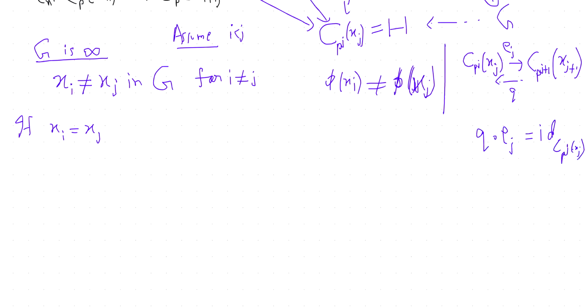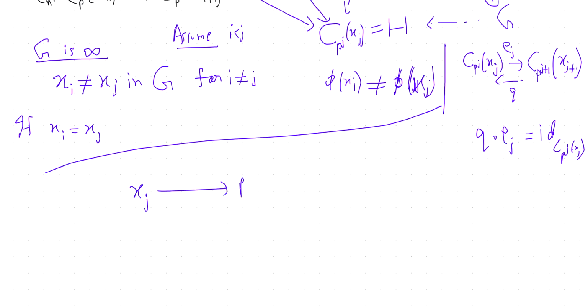It's this thing because you had two CPjs. So what should the map be? No, we had xj going to p times xj plus 1.